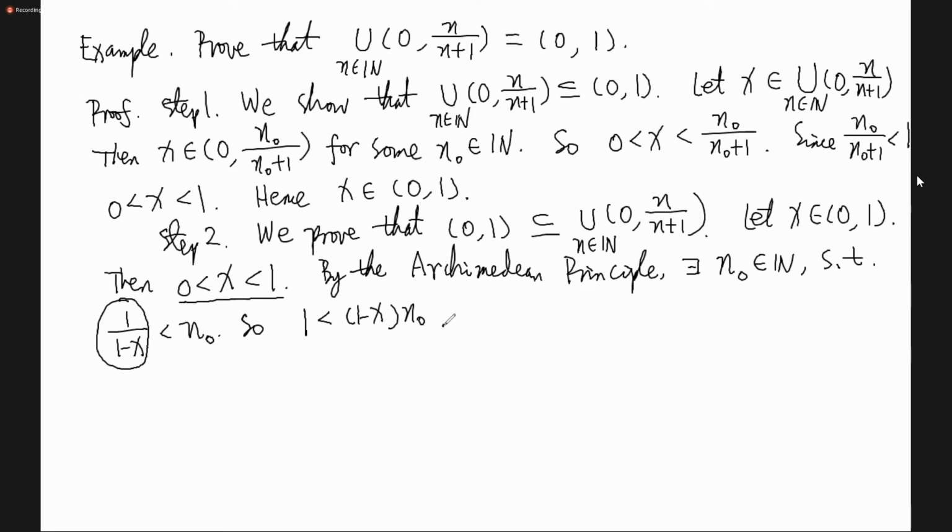And if you then divide by n0, what you get is 1 over n0 is less than 1 minus x. So this implies, you move x to the left-hand side, x is less than 1 minus 1 over n0.